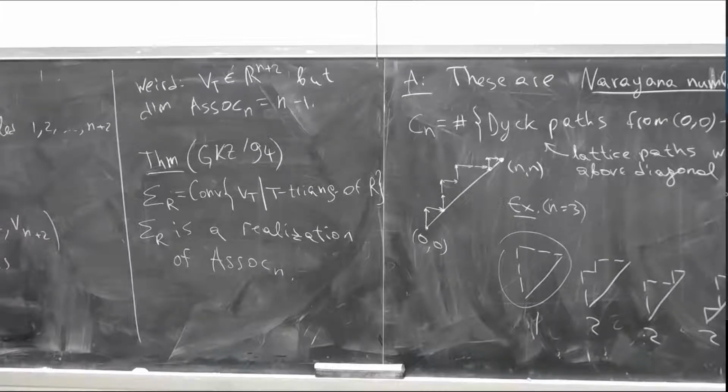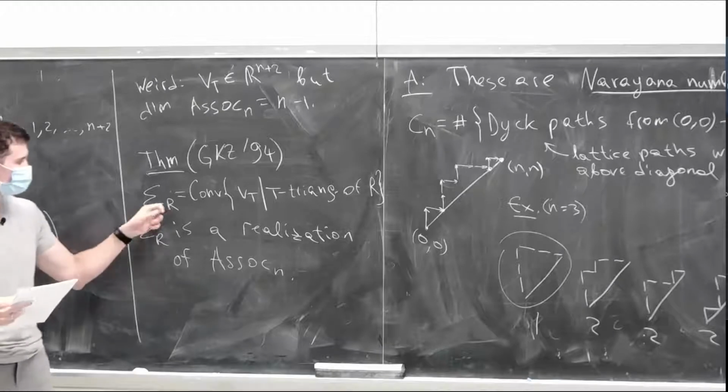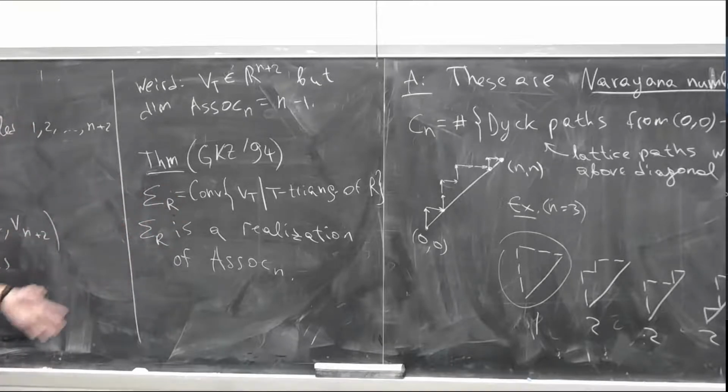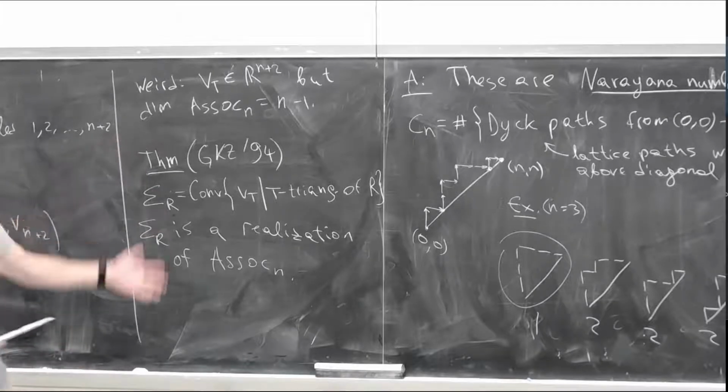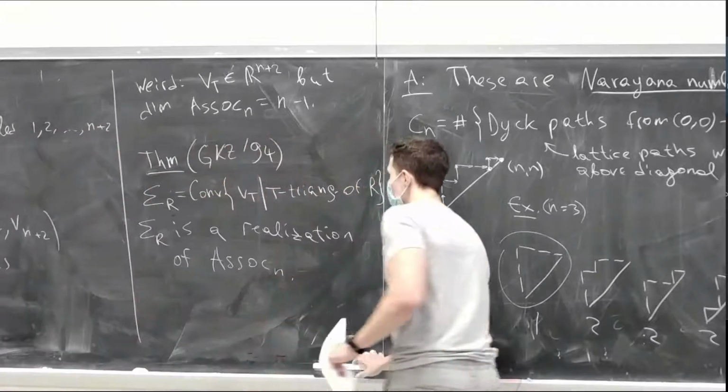First of all, notice that this is not just one realization. You can pick any polygon you like in the plane. In principle, you're going to get different non-affinely isomorphic polytopes, so it gives infinitely many realizations.